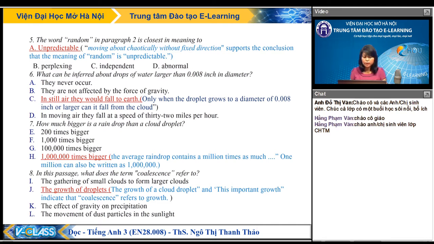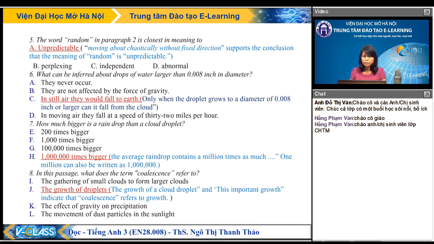Because you can base on the clues here. The growth of a cloud droplet, and this important growth indicates that coalescence here refers to the growth, and the answer here must be the growth of droplets. Is that clear to you?